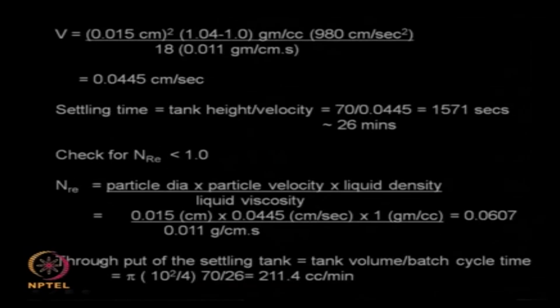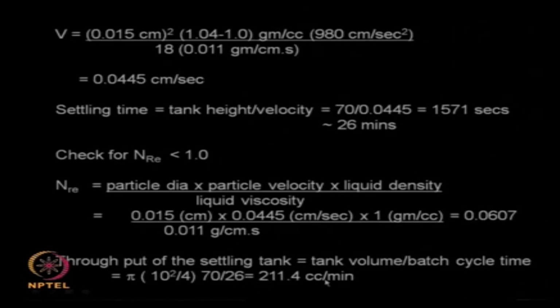Now what is the throughput in the settling tank? How do you calculate throughput? Throughput is the tank volume divided by the batch cycle time. Here the batch cycle time we will assume as the settling time, 26 minutes, and the tank volume is pi d square by 4, where d is the diameter of the tank, multiplied by the height of the tank, divided by 26.